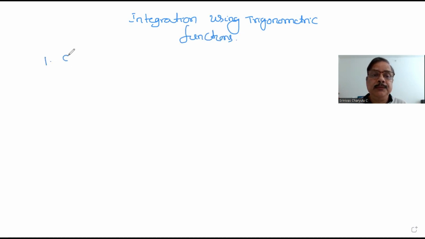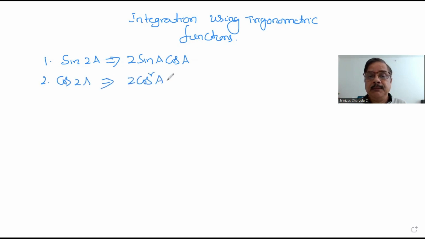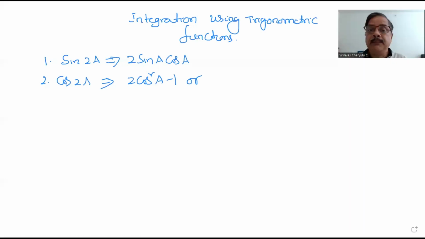The first one, sin 2a. You are very well familiar with it, I feel. It is 2 sin a cos a. Cos 2a is 2 cos square a minus 1, or you can write 1 minus 2 sin square a, or cos square a minus sin square a.